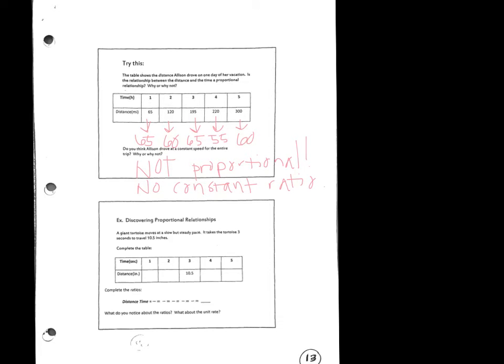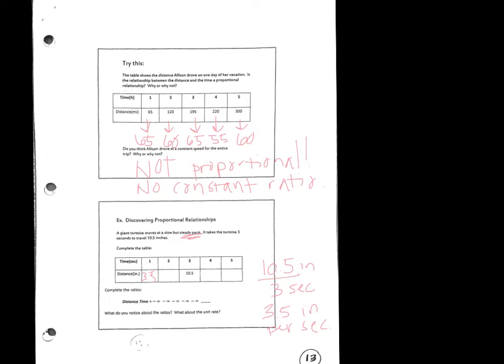So they tell us that the next example is proportional. He's going at a steady pace. So that means he's going at a constant ratio. So our ratio here is 10.5 divided by 3. 10.5 inches in 3 seconds tells me that he's going 3.5 inches per second. That's my unit rate. So after 1 second, he's gone 3.5 inches.